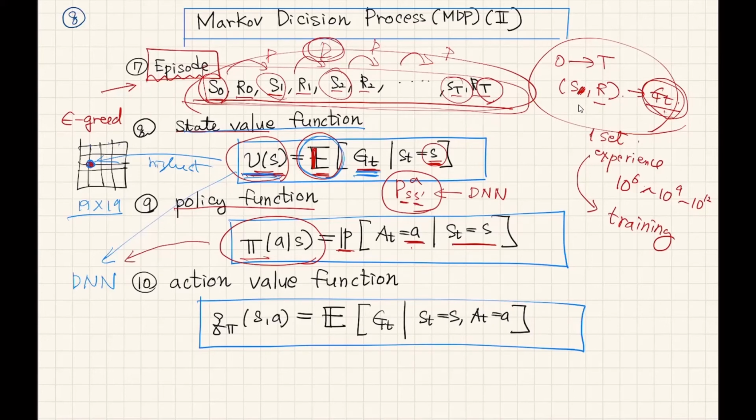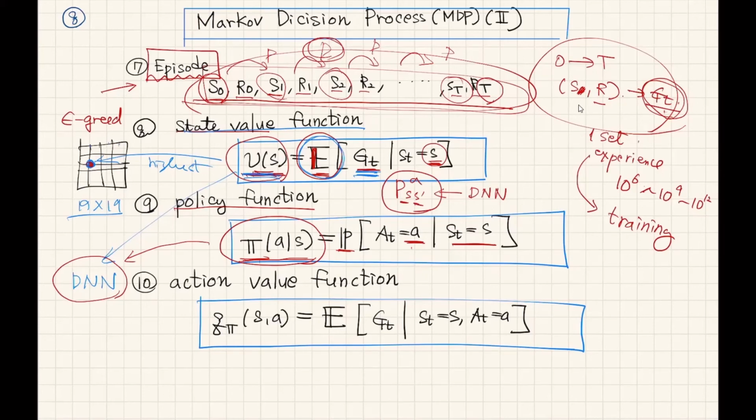What would be the action to make to maximize the winning probability? That probability function, this policy function, can also be represented by a DNN. You can design reinforcement learning whether you design a deep neural network to represent the state value function or the policy function, or both.